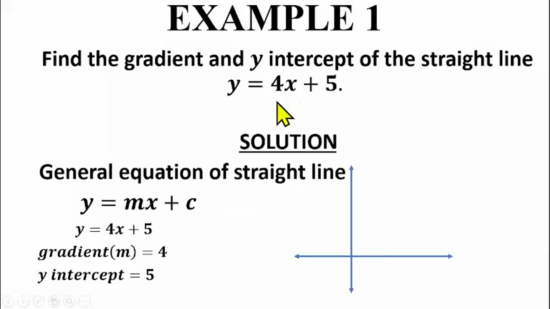Then how would the straight line go? Will it be a vertical line or horizontal line, or a bent line like this, or like this one? How would the straight line go? The nature of the gradient that you got will tell you how the straight line will go.